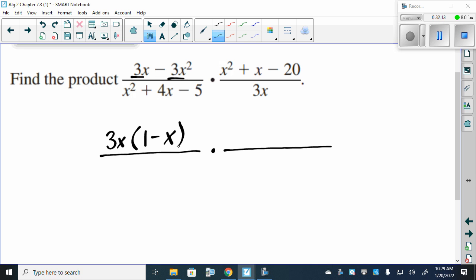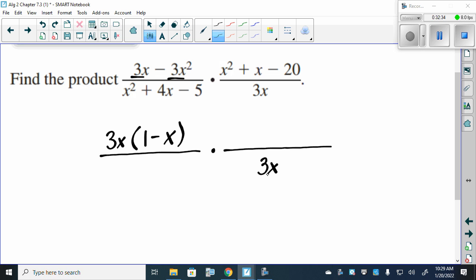So when we factor the 3x out, we have 1 minus x. Well, 3x has no other terms with it. That is factored down.